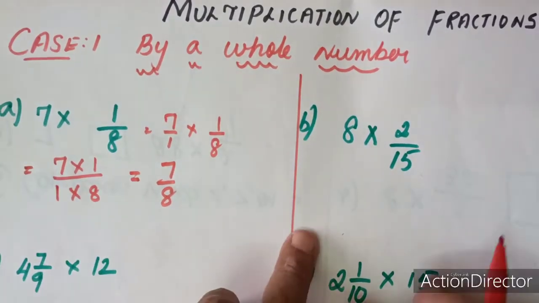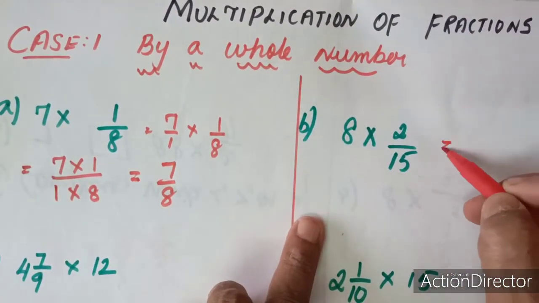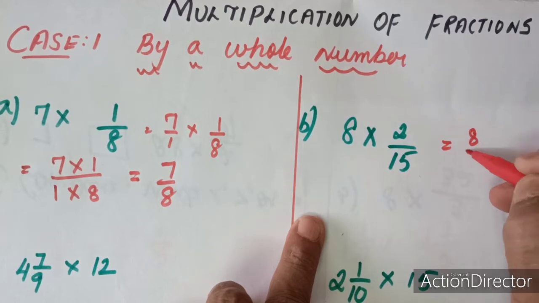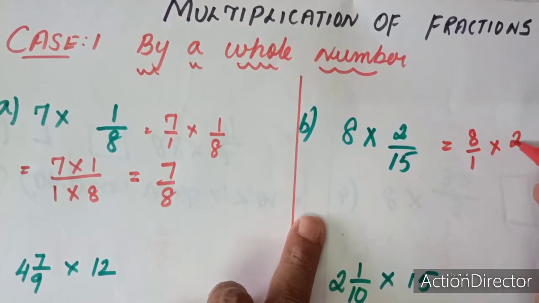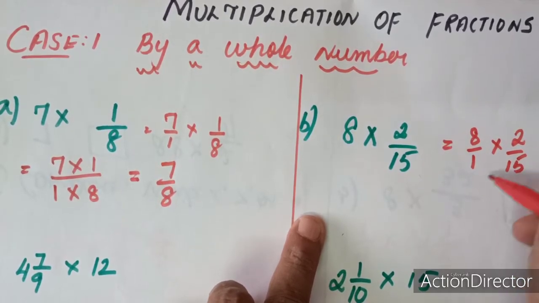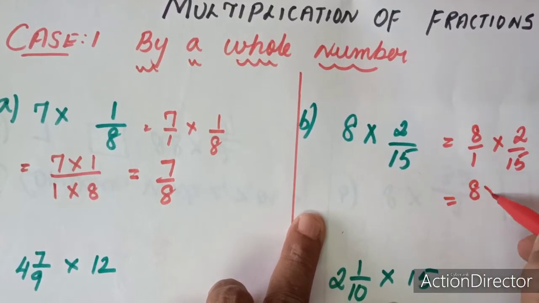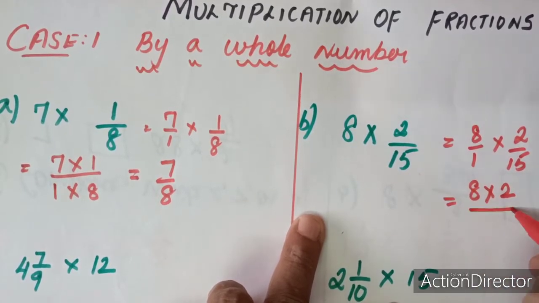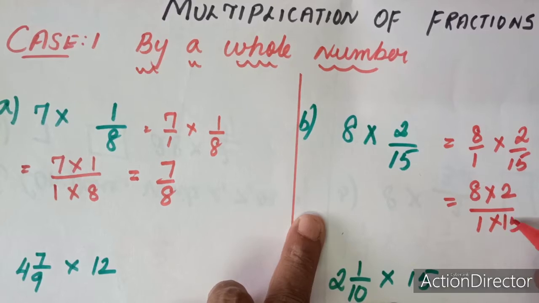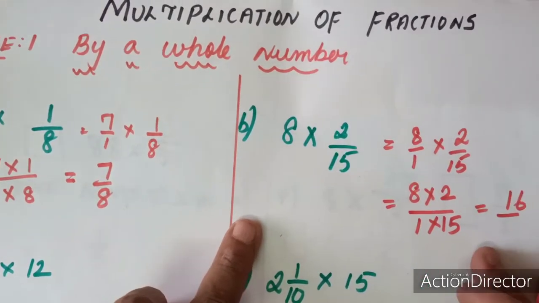Coming to the second sum. First write 8 as 8 upon 1 into 2 upon 15. So this is equal to 8 multiplied by 2 upon 1 into 15. So this is equal to 16 upon 15.